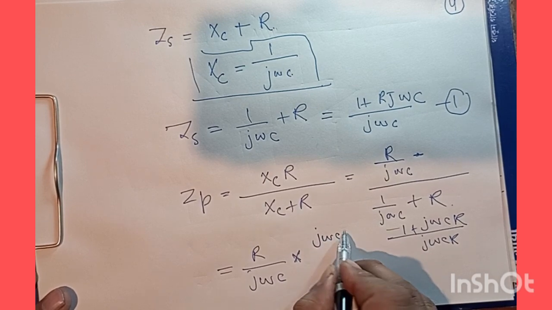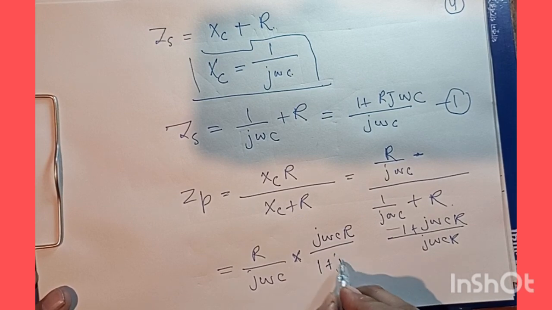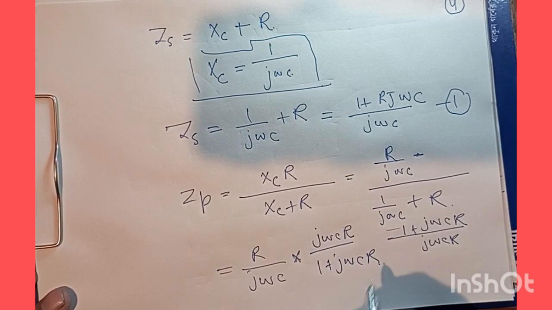So Zp is R divided by 1 plus j omega C R.